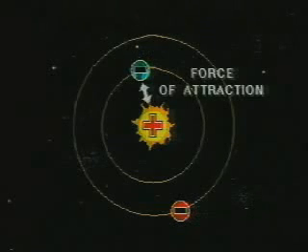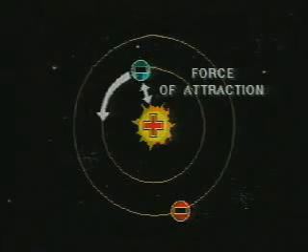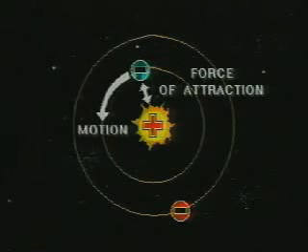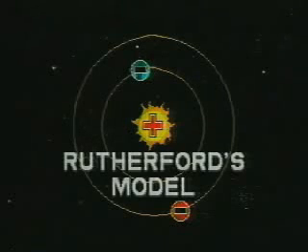The force of attraction between the electron and the nucleus prevents the electron from flying off into space. But it is not great enough to cause the moving electron to spiral into the nucleus. Rutherford's model represented a significant step forward in our understanding of the atom.